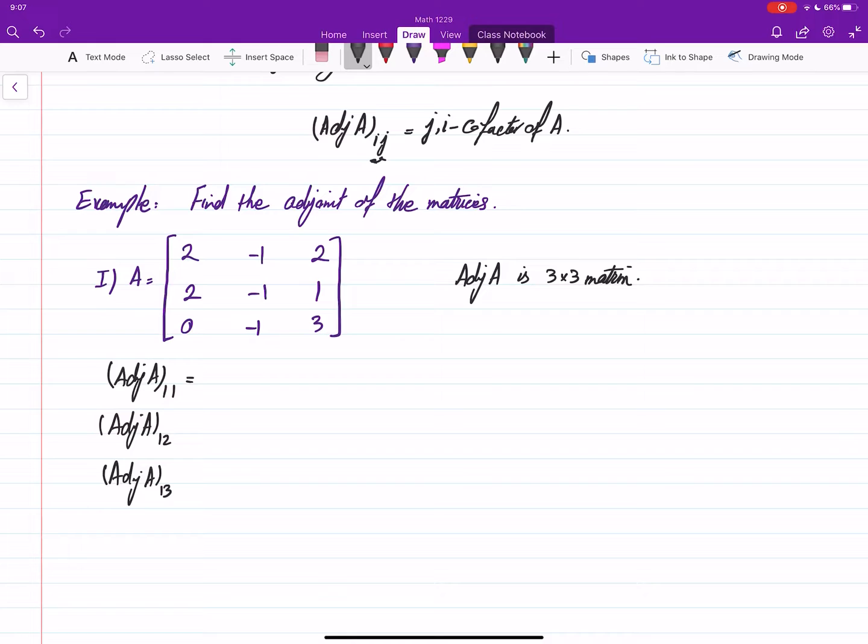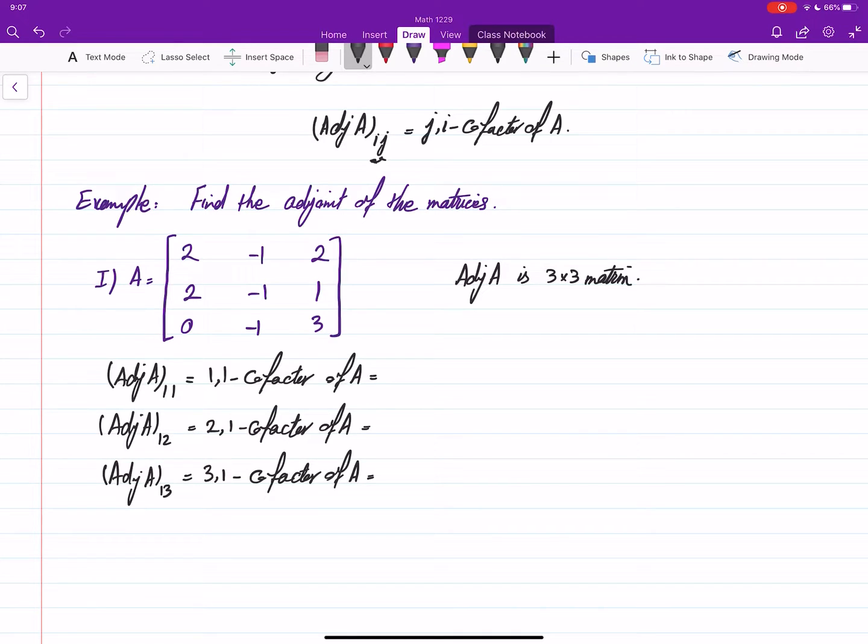Well, what is the 1, 1 entry? The 1, 1 entry is the 1, 1 cofactor of A. The 1, 2 entry is the 2, 1 cofactor of A. And the 1, 3 entry of adjoint is the 3, 1 cofactor of A.